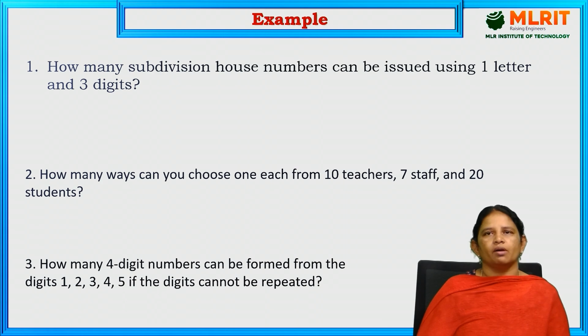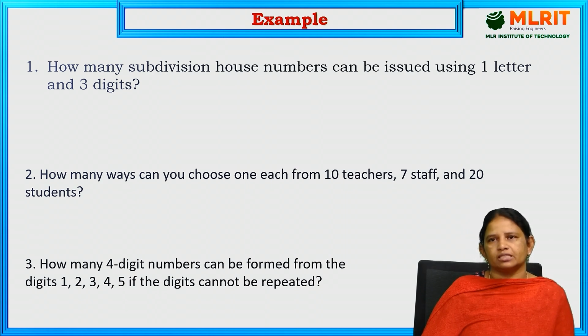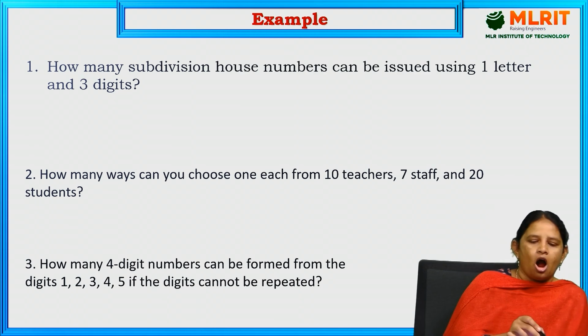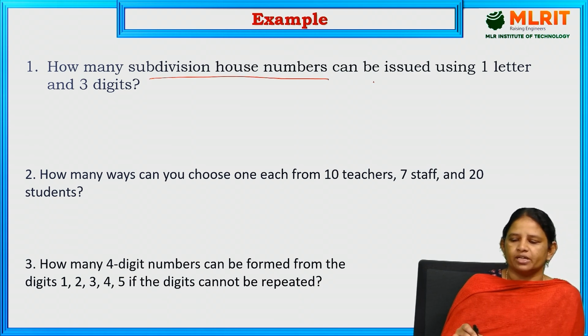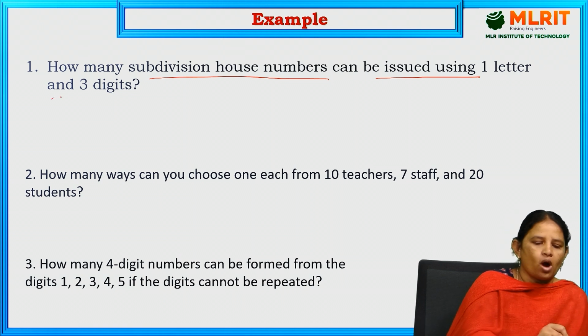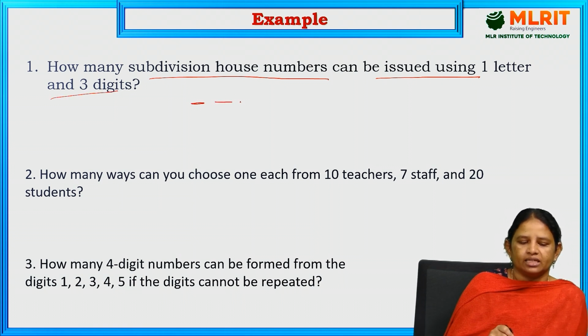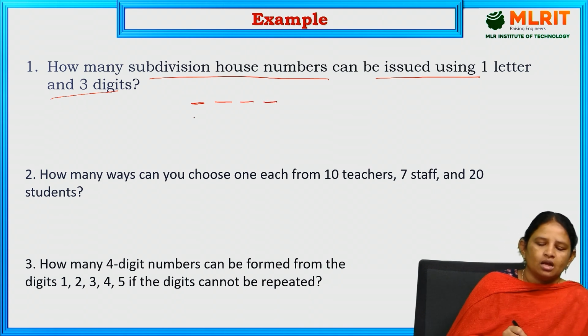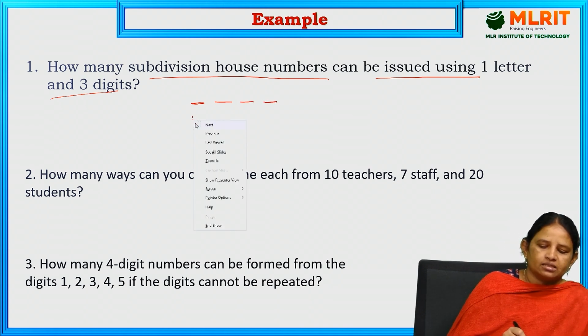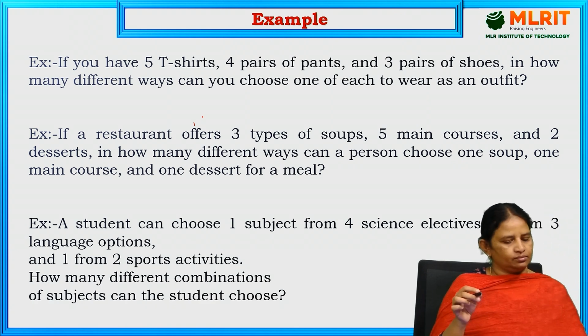That is the product rule and also the sum rule. Now we'll discuss 2-3 more examples for better understanding of the sum rule and product rule. How many subdivision house numbers can be issued using 1 letter and 3 digits?